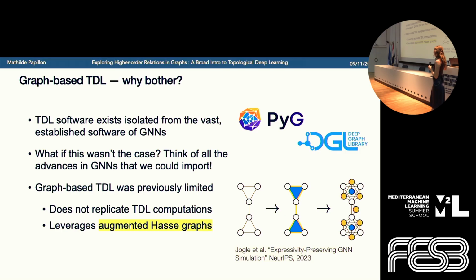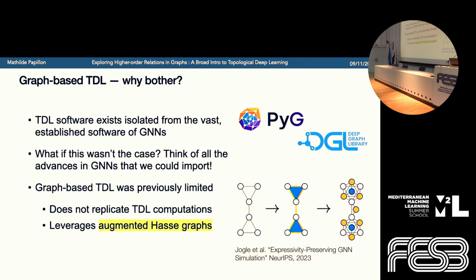And previously what people did was use augmented Hasse graphs, which basically build graphs like this one by representing every single higher order feature, like these blue faces, as nodes, and then just connecting everything using the adjacency matrix that would apply here.